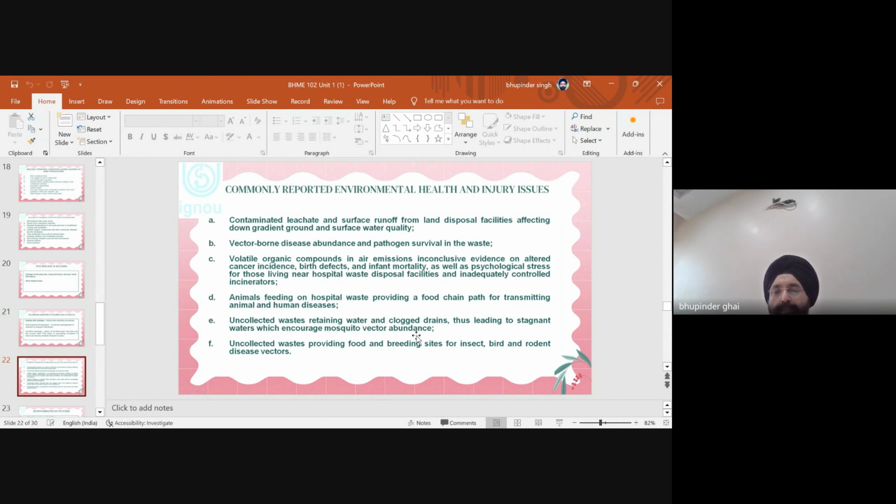When it clogs the drain, there will be stagnation of water, increased vector population, which will increase the number of diseases. Uncontrolled waste provides food and breeding sites for insects, birds, and rodents. So because of the waste, there will be an increase in insects, birds and rodents, which will carry the disease-forming organism.